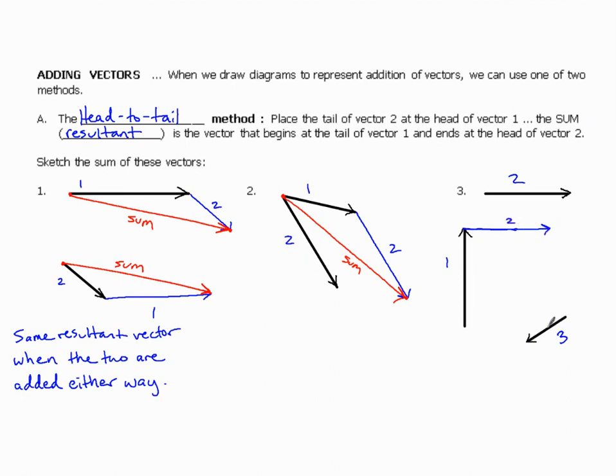And number 3 we will move right here. And the sum, or the resultant vector, would begin at the tail of number 1 and end at the head of number 3. And there is our sum, our resultant vector.